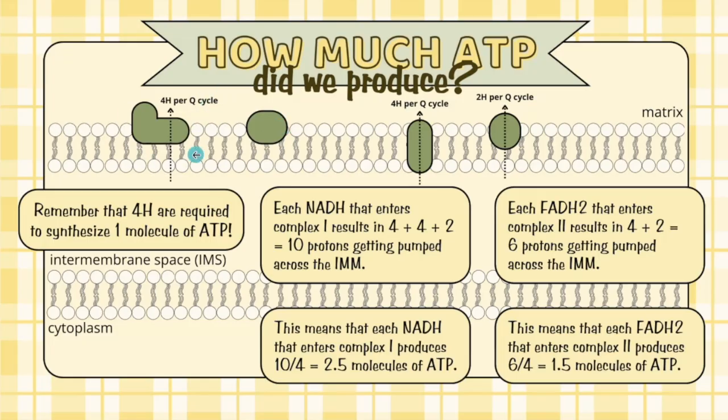It will bypass complex 1, so no protons are pumped here. It will only pump 4 protons at complex 3 and 2 protons at complex 4. So that's 4 plus 2, 6 protons pumped per FADH2. That means each FADH2 will produce 6 divided by 4, which is 1.5 molecules of ATP. Is that clear?